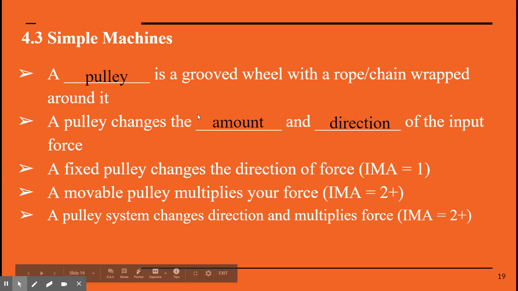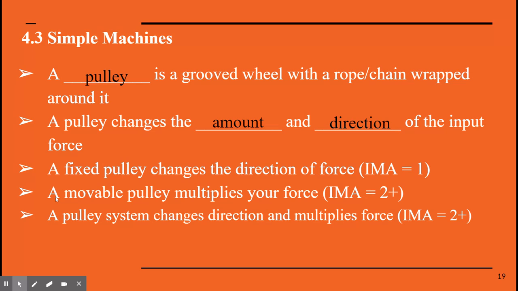It depends on the type of pulley that you use. A fixed pulley is just one that has one gear. So you pull down on it, the rope goes through the gear, and it pulls an object upwards. The maximum mechanical advantage you can get is 1. So it multiplies your force by 1 throughout the machine.